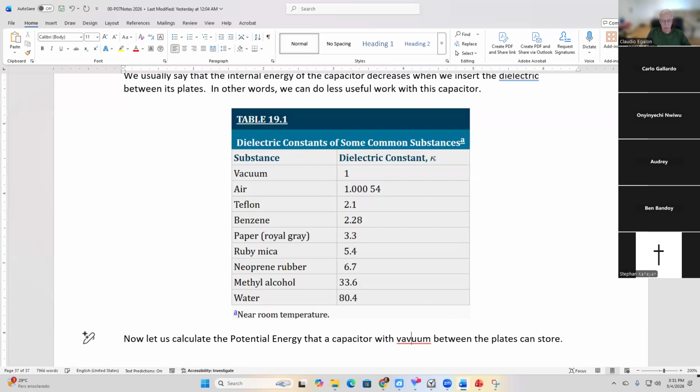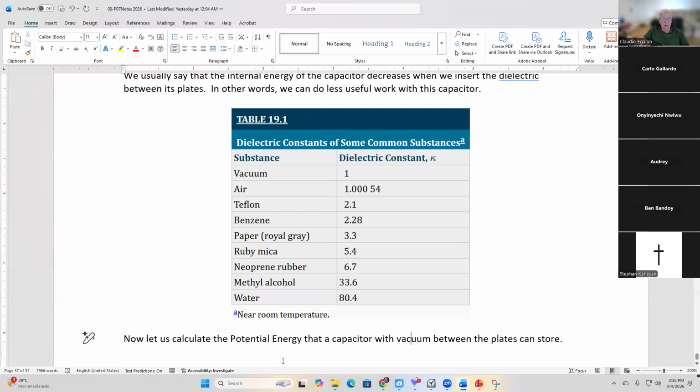And this potential energy is not exactly the same potential energy as in mechanics. It is energy that can be used to do some useful work. By the same token that if you raise a mass against the force of gravity, you add potential energy to the mass, when you charge a capacitor, you also add energy to this device that can be used for useful work, right?